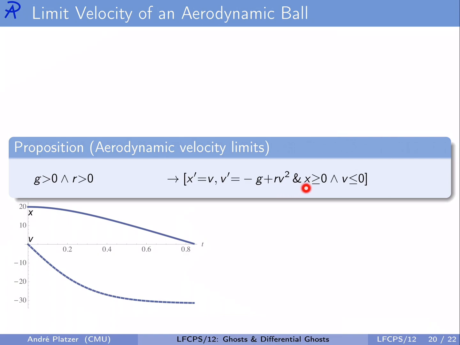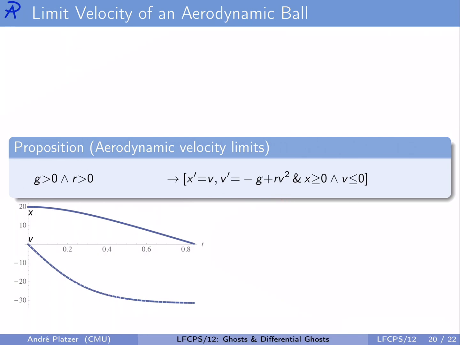So it's slowing the bouncing ball down as the bouncing ball is falling further to the ground. So if we only worry about the part of the behavior where the position is above ground but the velocity is already falling, then in this particular case, is this the right differential equation? X prime equals velocity, and velocity prime is minus gravity plus some aerodynamic resistance r times velocity squared.